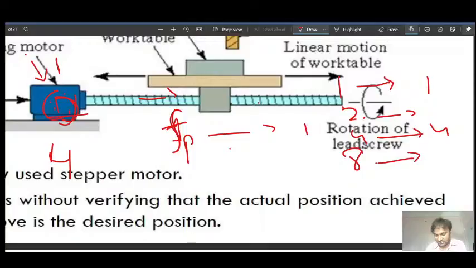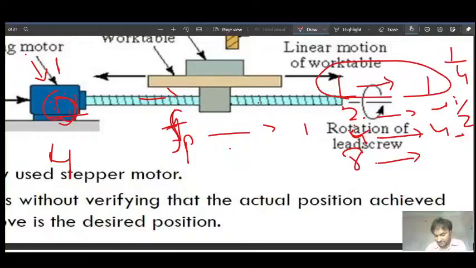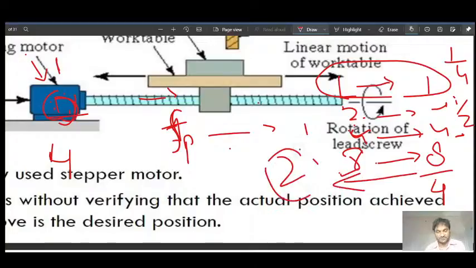But how many turns? Can you tell me? Up to here it was one pulse, one by four turn. Here two pulse, one by two turn. Four pulse and four step angle is there, so only one turn. And when we supply eight pulse, how many turns? Eight by how many number of steps? We have four. Eight by four, so we will have two rotations.